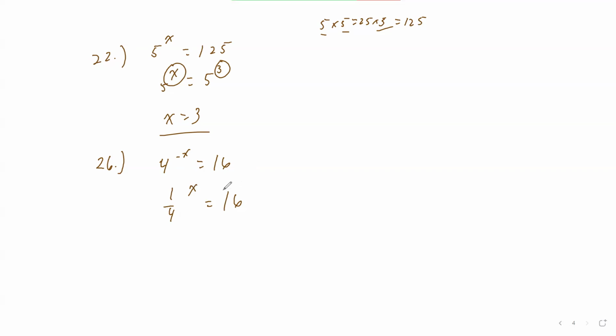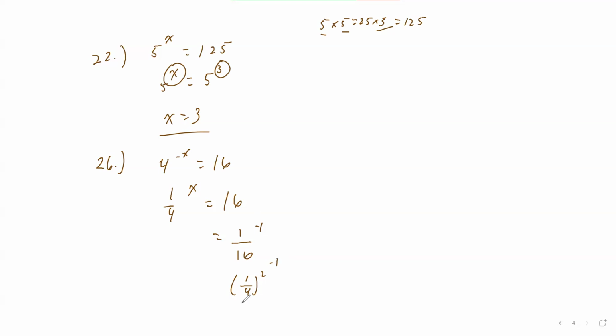So if I was to change this to a -1, I would now have 1/16. And then we now know that 4 squared would be 16. So this would be the same thing as 1/4 squared raised to the -1. So right, that gives me 1/16, and that would give me back up there.